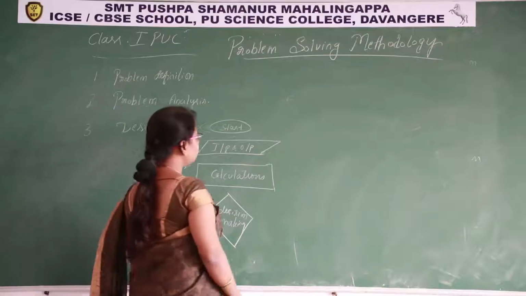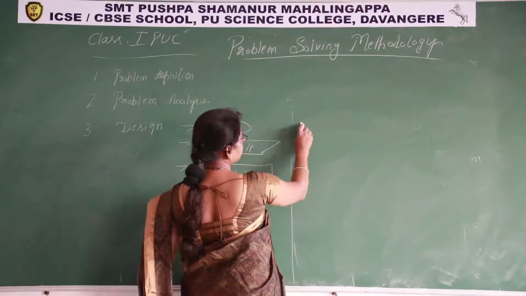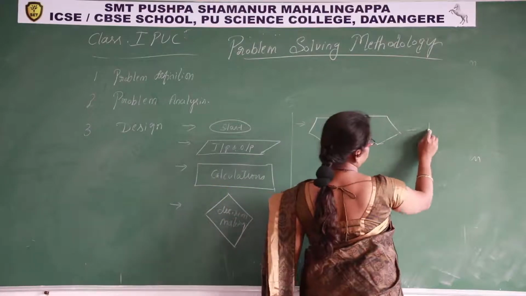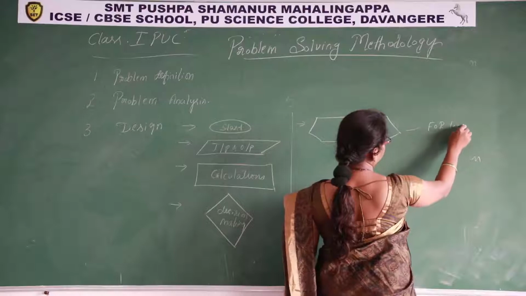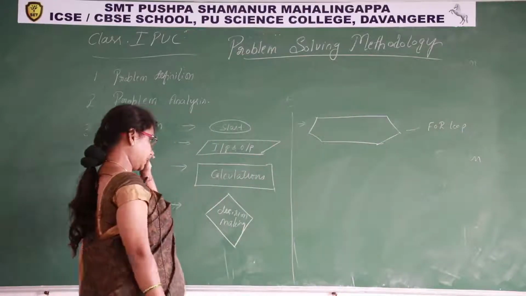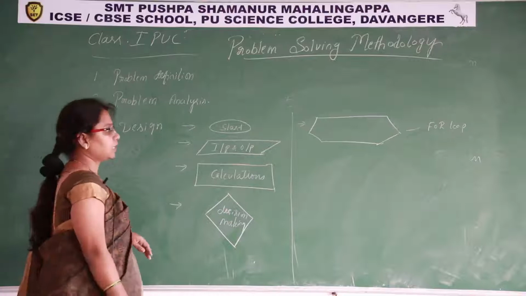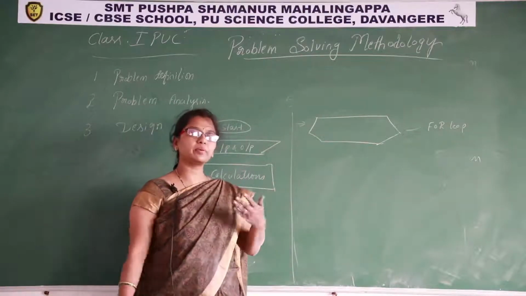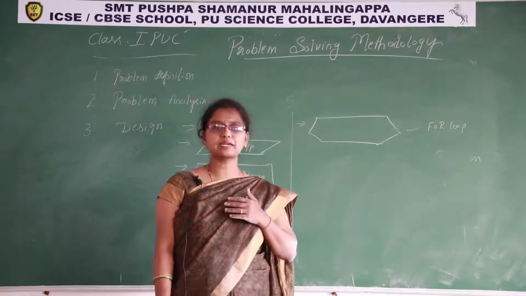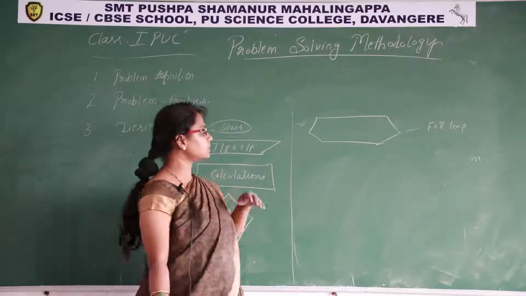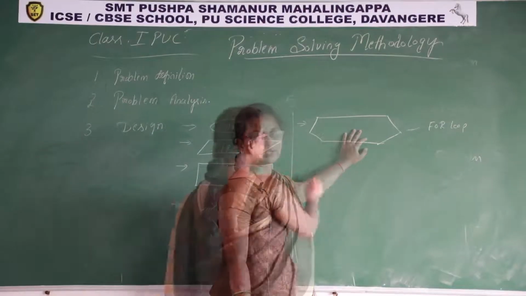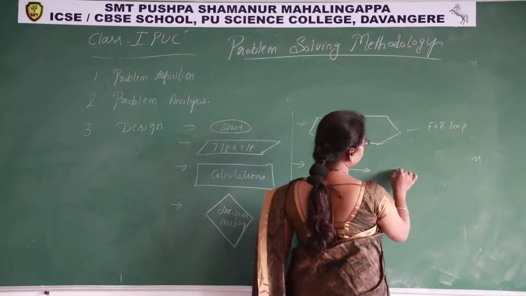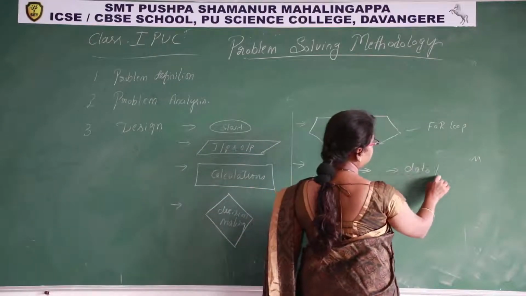And one more is there. Right now, you have to memorize it, that is hexagon, looping statements, for loop. I'll tell you later what is for loop. At this moment you have to remember this. Hexagon means some set of instructions have to execute repeatedly until a given condition is satisfied. So in such situations we use this looping statement. And arrows, they show the flow, data flow or direction.